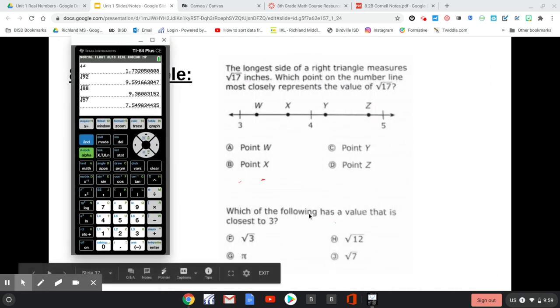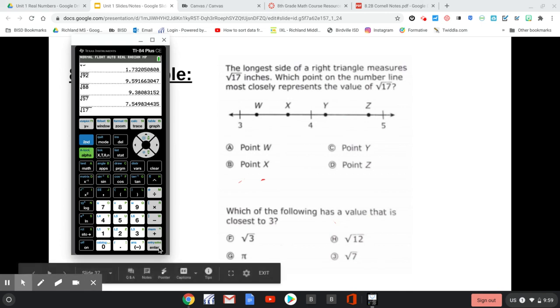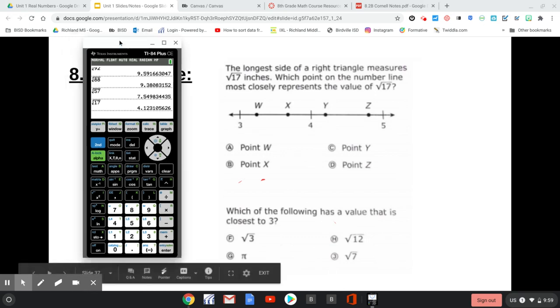And you're just going to keep doing this. Which one is closest to the square root of 17? Second square root 17, enter. 4.12. Here's 4. Here's 5. It would be closer to 4. So the answer is Y. I'm going to skip this one.